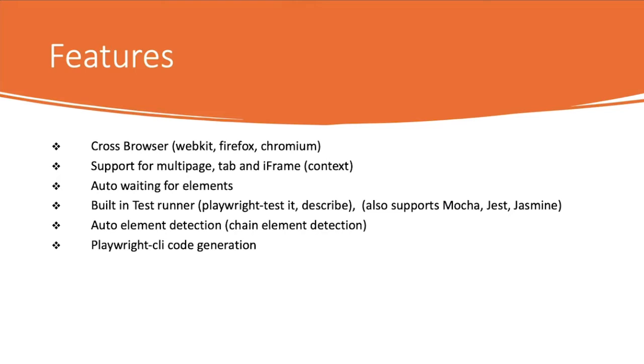endpoint you want to hit, a web page, and specify that you want to do code generation, and it will open up the terminal for you, and it will record everything you do on that website. So you can log in and it will record and generate a Playwright test for you. You can then copy that into your IDE, and then you can run that as a Playwright test.